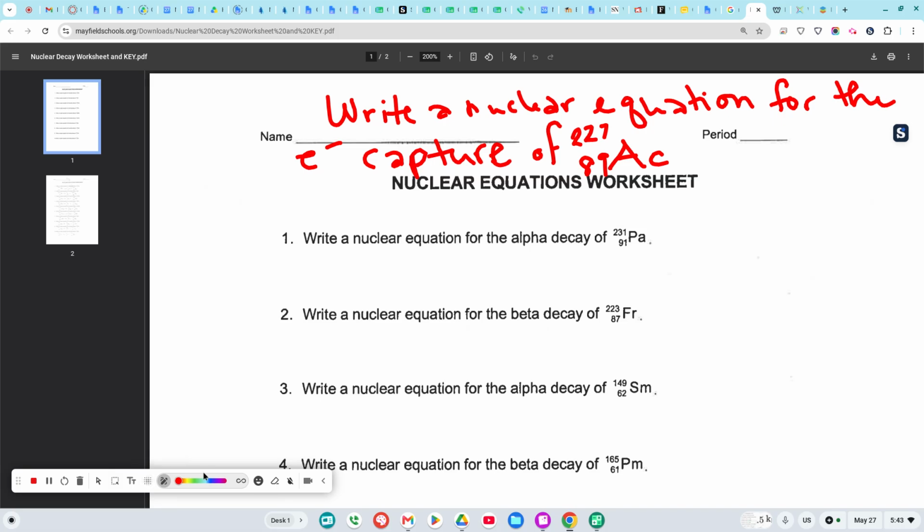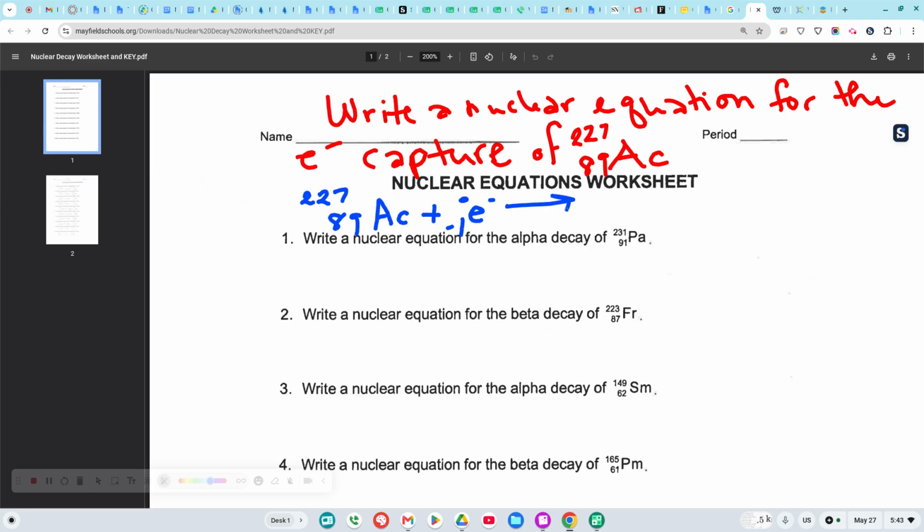All right, so let's solve this. Instead of just one reactant, you're going to have two reactants because you're going to have your 227 and your 89, your actinium, plus, because you're capturing that electron. Remember, your electron has a negative charge, but no mass.